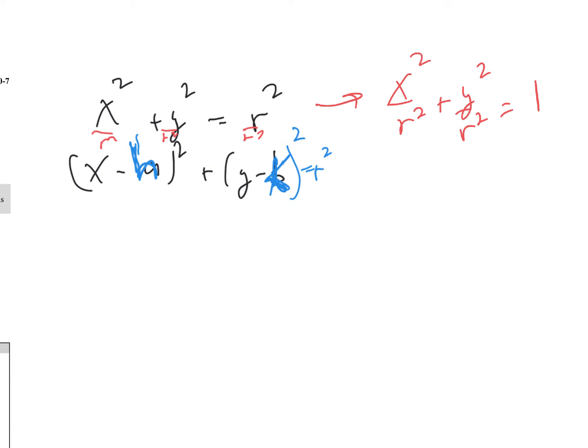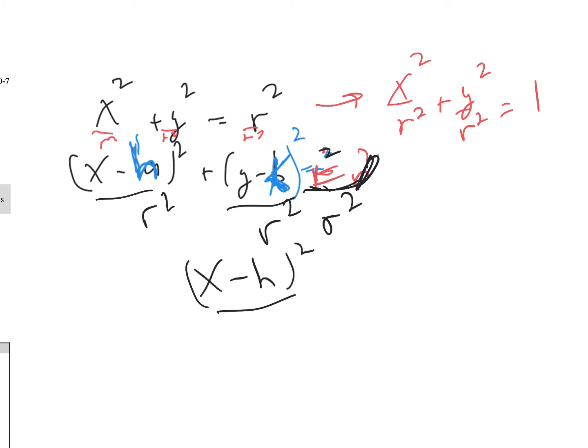This one, if I divide this side by r squared and this side by r squared, then you end up getting x minus h squared over r squared plus y minus k squared over r squared equals 1.